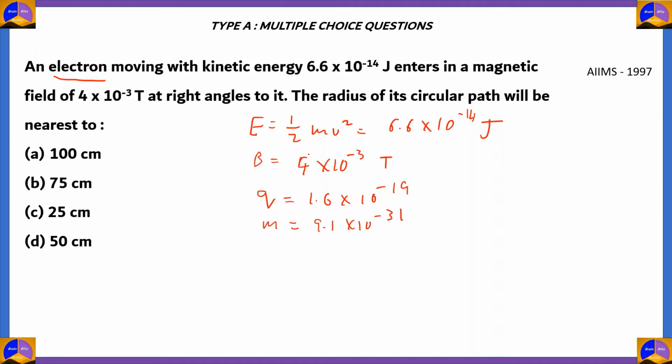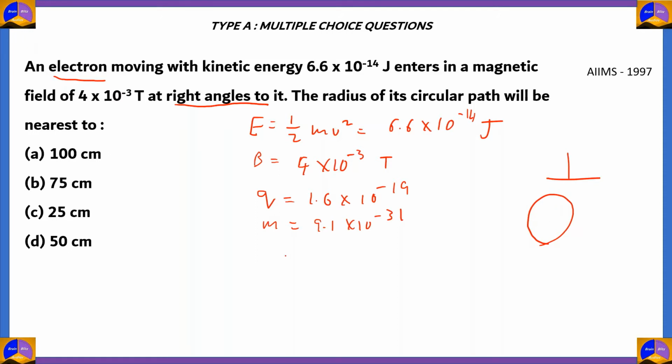We know that the electron is a charged particle. When a charged particle enters a magnetic field at right angles to it, so it's perpendicular, the charged particle follows a circular path in the magnetic field.